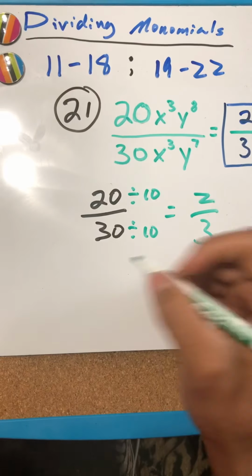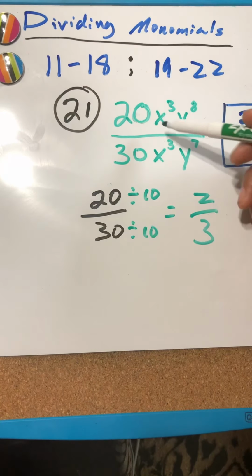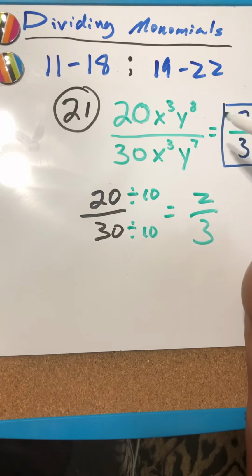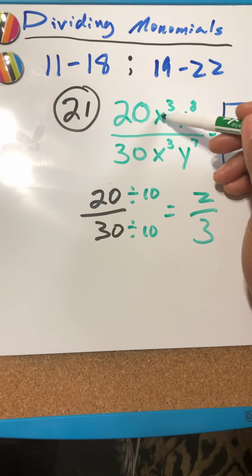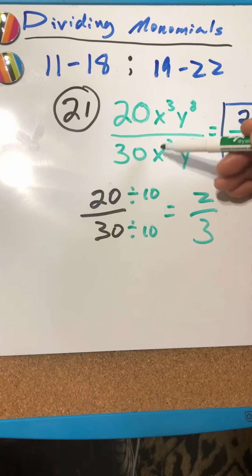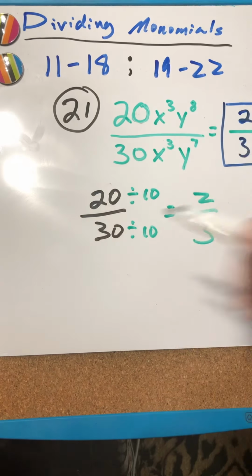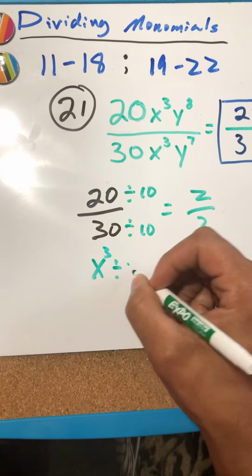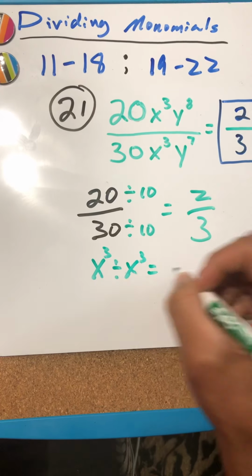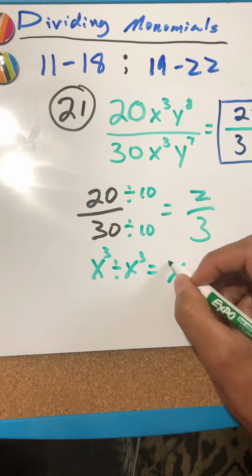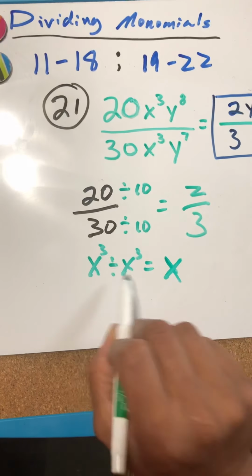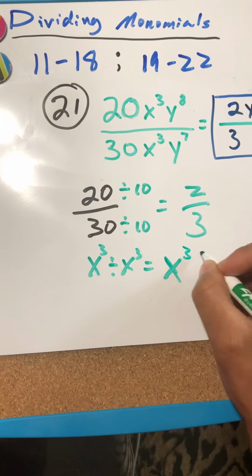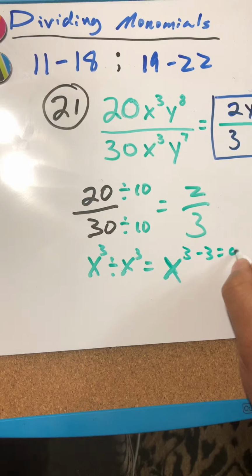Now, the mathematical way to solve the x's and y's would be to basically subtract x to the third minus x to the third. So mathematically what you're doing is you're dividing these two, and by dividing these two, all you're really doing is taking the exponents and subtracting them.